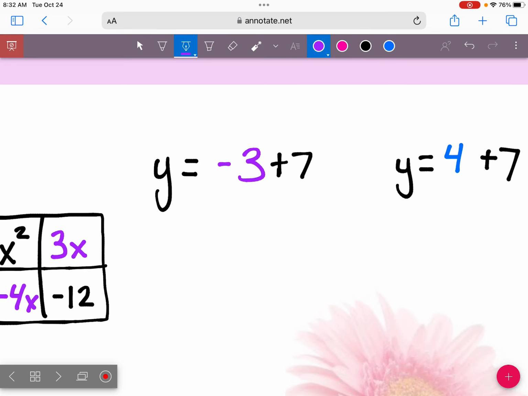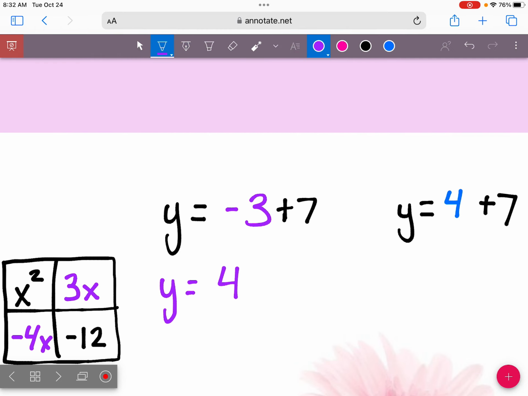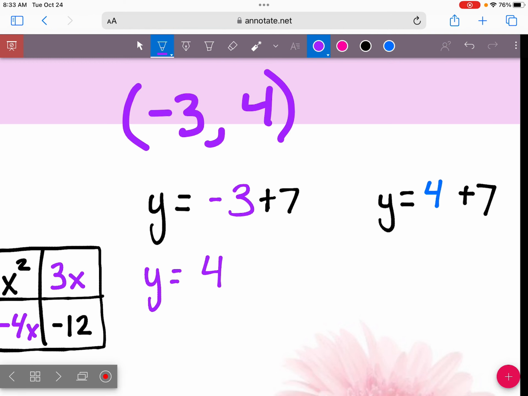So for this purple one, what is our y value here? 4. So one of our solutions is the point negative 3, comma 4. How about on this right one, the blue one? 11.